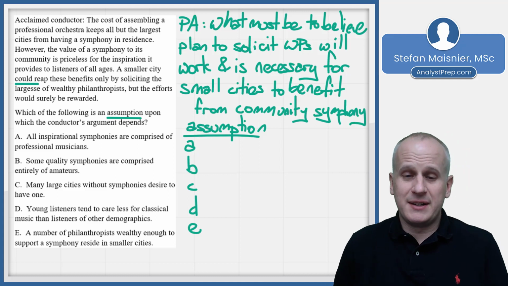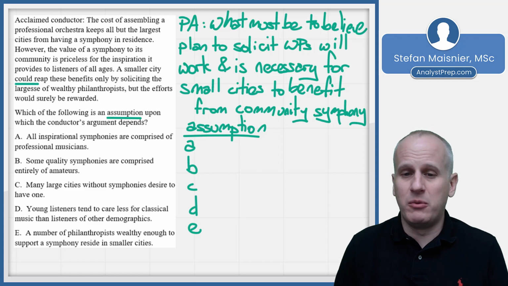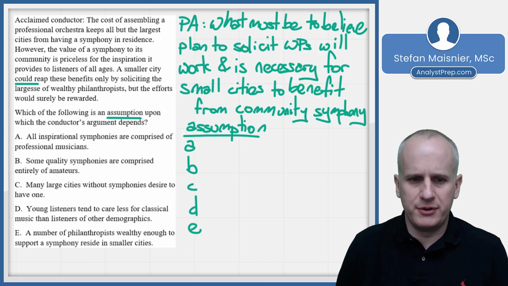So we just got to find something that must be true to believe that, yeah, we need to have a wealthy philanthropist. That's the only way for these small cities to benefit from a community symphony.